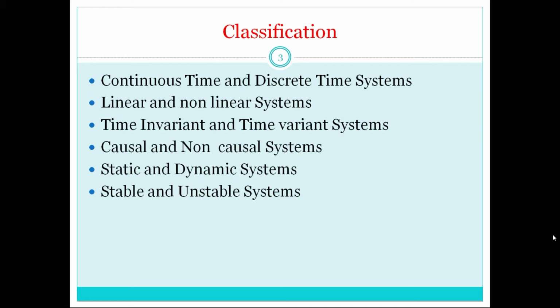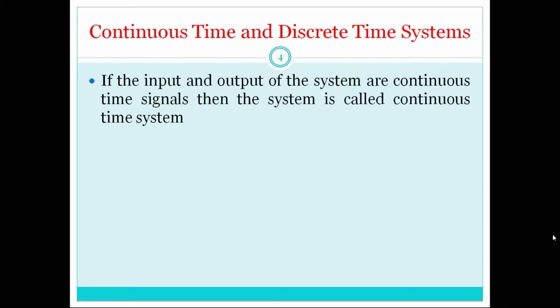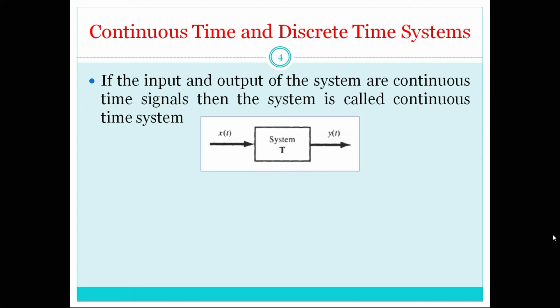First, continuous time and discrete time systems. If the input and output of the system are continuous time signals, then the system is called a continuous time system. Okay, it's very simple. Here x of t is the input signal and that is a continuous time signal, and y of t is also a continuous time signal.